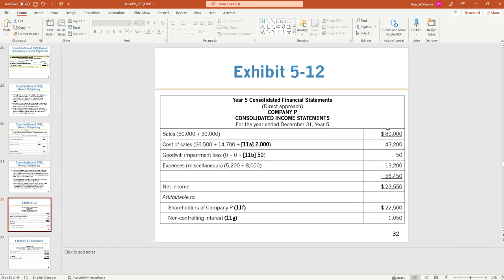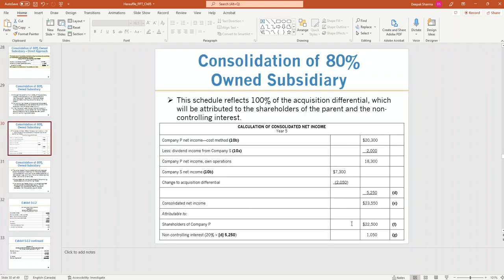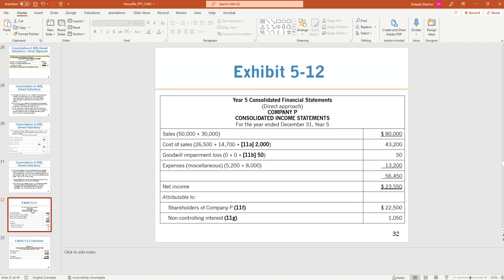Company P gets its own earnings, which we calculated previously, plus 80% of the subsidiary's net income, and the NCI only gets 20% of the subsidiary's income plus or minus any acquisition differential. This calculation definitely helps to determine how much goes to NCI and how much goes to company P. This definitely needs to be done before you do the consolidation of the income statement.